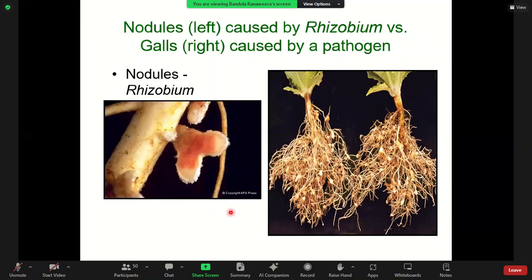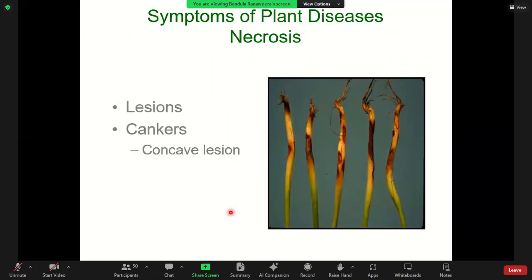So, if we continue with the symptoms, some lesions, we consider these as damping off lesions on seedlings.